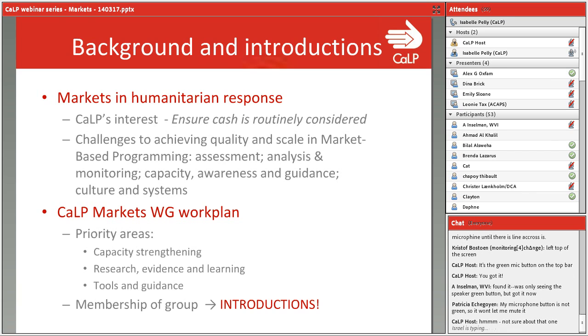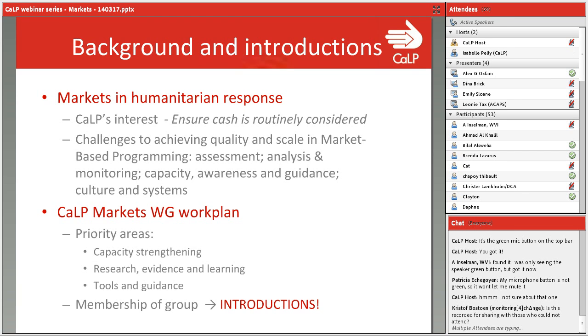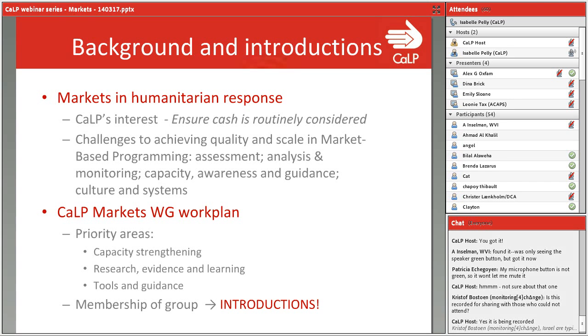So this is just a little bit of a snapshot today of some of the work that members of this markets working group have been doing. And as I mentioned earlier, we're looking forward to your inputs later on what else you would like to see us supporting you with.